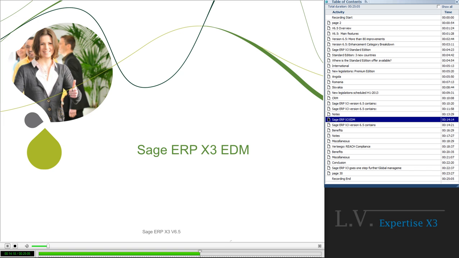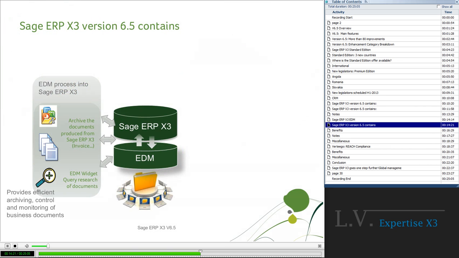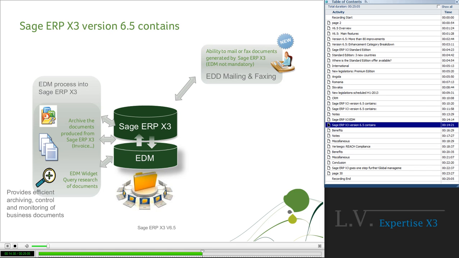So we'll now take a look at Sage ERP X3 EDM, Electronic Document Management. Version 6.5 contains 4 important new features for this area.